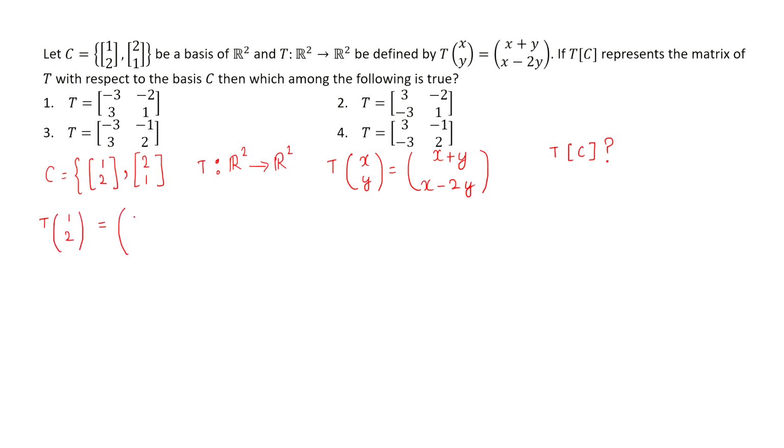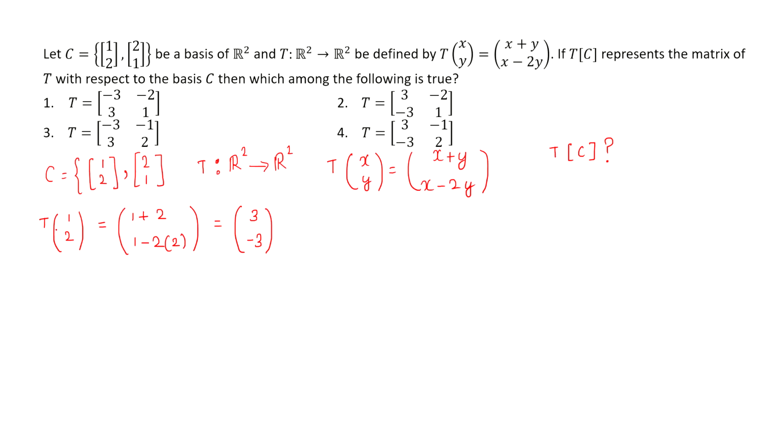T(1,2) equals (1+2, 1−2·2), using the way in which T is described. So this is (3, 1−4), which is (3, −3).